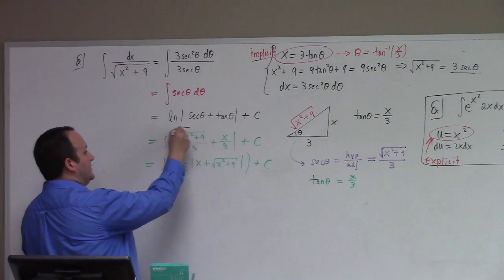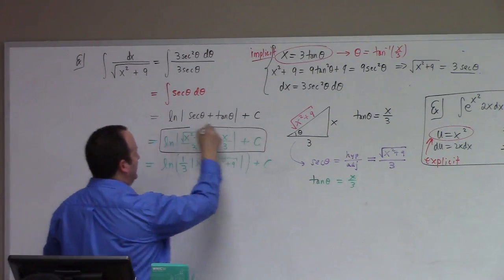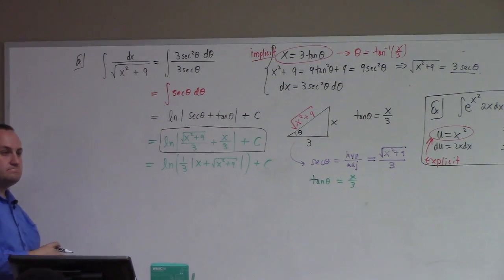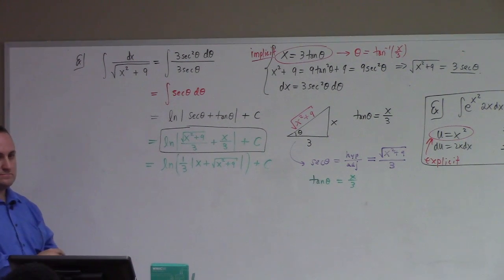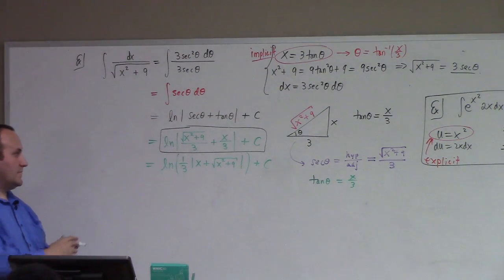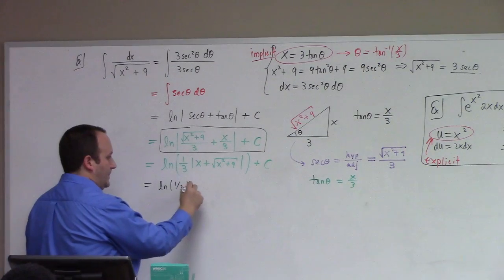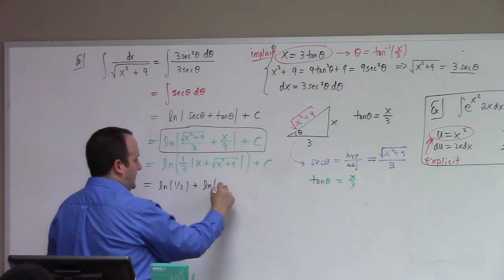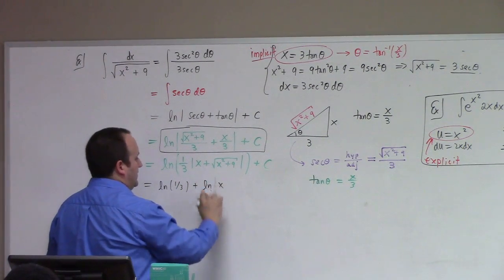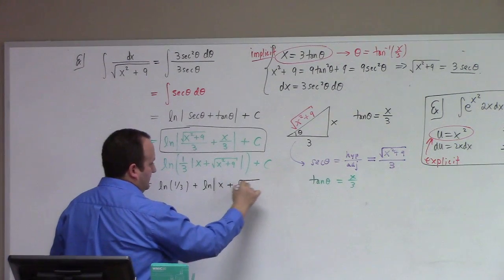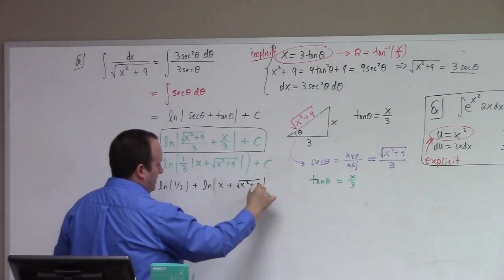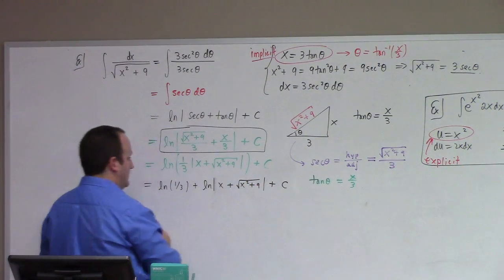This is a pretty good answer. I'm working my way towards a slightly better answer, okay? So this is the log of 1/3 plus the natural log of the absolute value of x plus the square root of x squared plus 9, plus a constant.